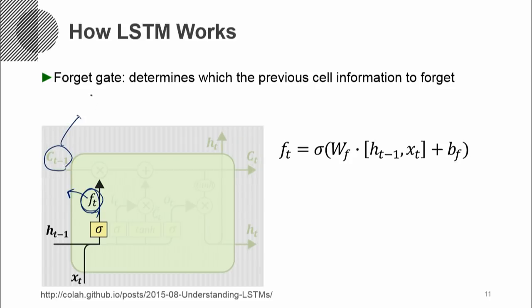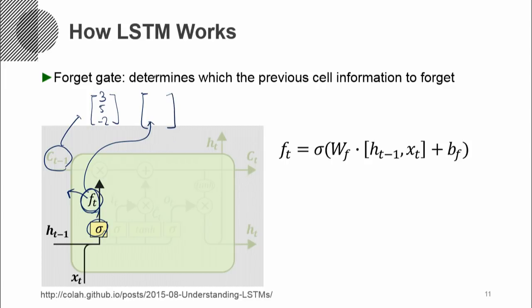So if this cell state vector was maybe a 3-dimensional vector, for example 3, 5 and -2, then ft will also be a 3-dimensional vector, but through this sigmoid transformation, the range of the resulting values will all be from 0 to 1.